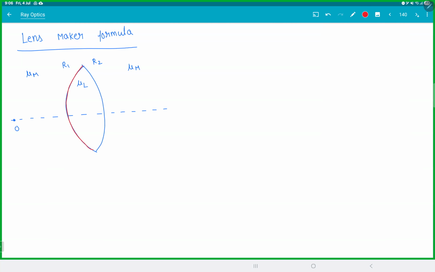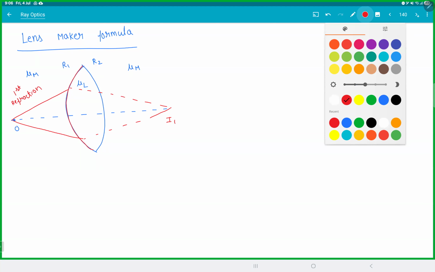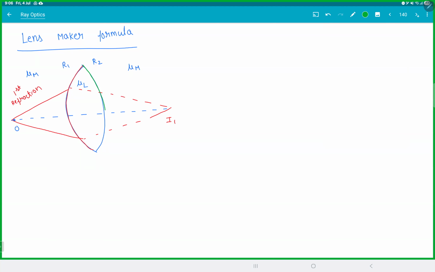This will be your first refraction. When the light rays hit here, they will try to meet somewhere here. So this I1 will be the object for the second refraction. So it's actually a virtual object.